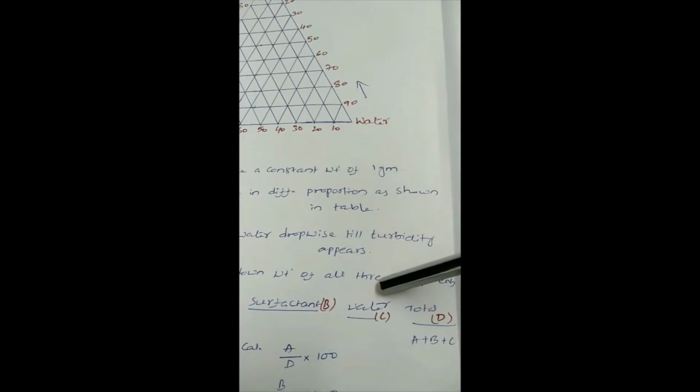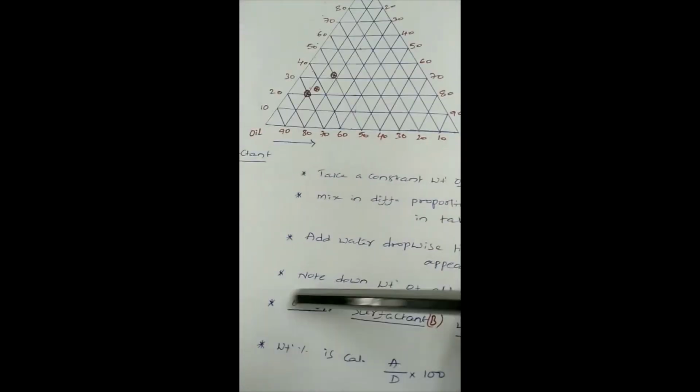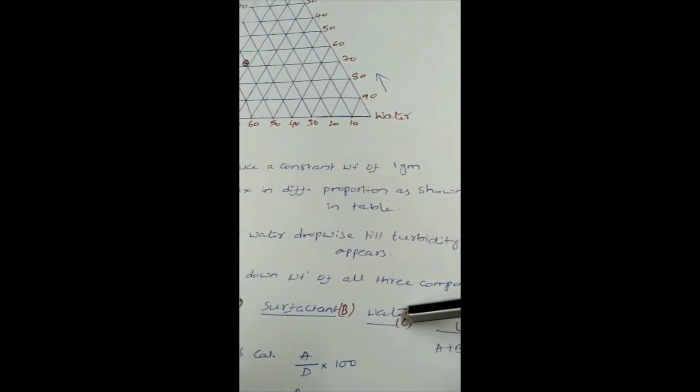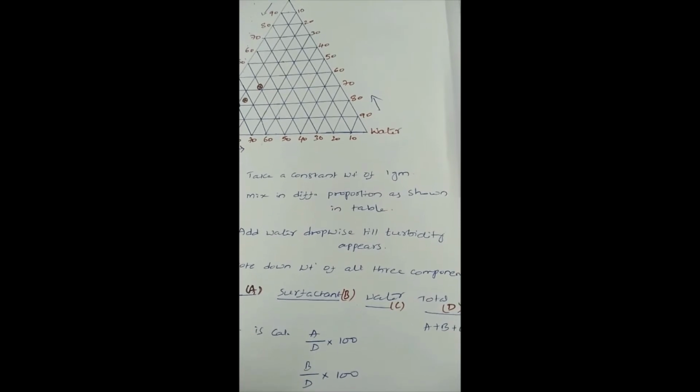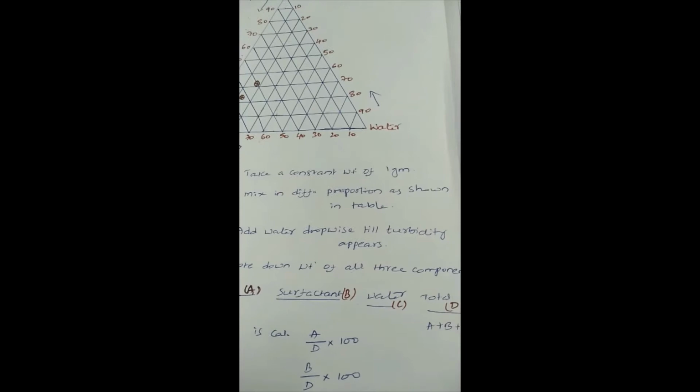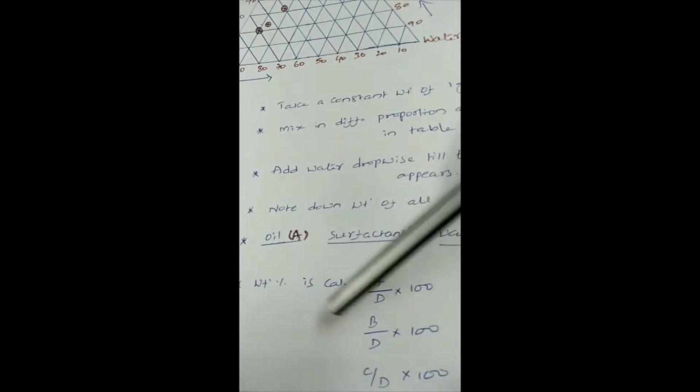Now you have the weights of three components: oil, surfactant and water. For plotting the ternary phase diagrams, what you need is the weight percentage of each component. You have the total weight, which is 100%, and the weights of each component A, B, C. The weight percentage of A is A by D multiplied by 100. Similarly, B by D multiplied by 100, and C by D multiplied by 100.